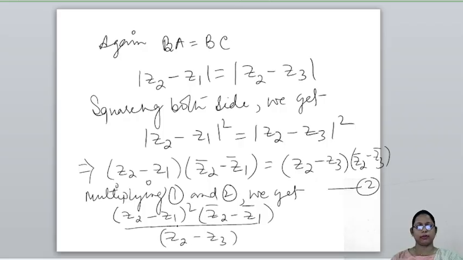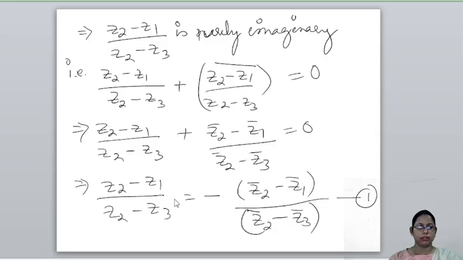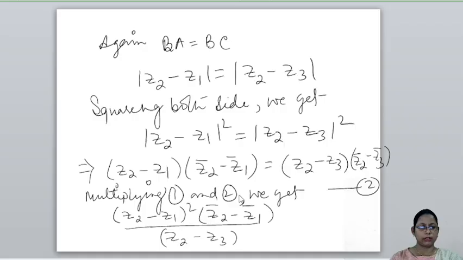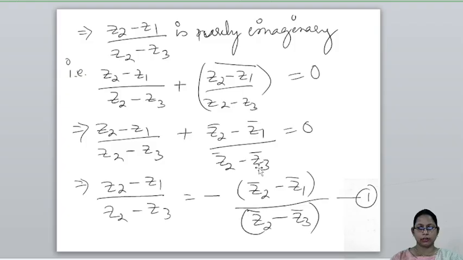On the right hand side it is minus the conjugate of Z2 minus Z1 times conjugate of Z2 minus Z3.